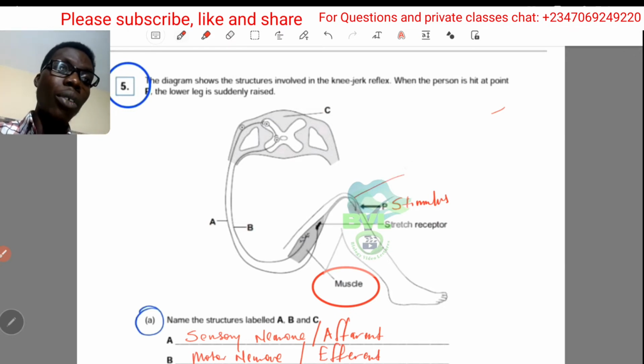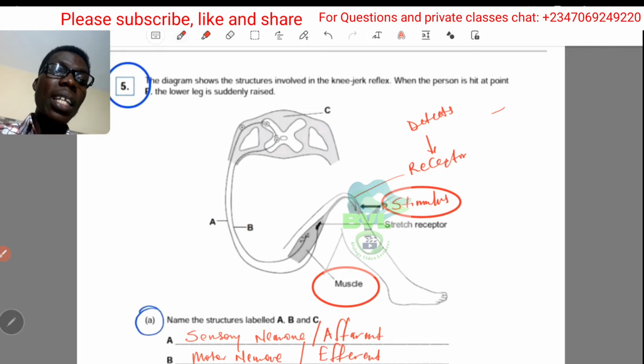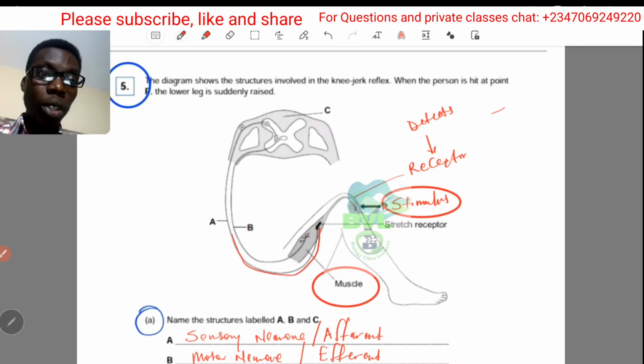Around here you have the receptor. The receptor detects, that's the keyword, detects the what? The stimulus. All right. Then that stimulus, having been detected, is converted to an electrical impulse, which is transmitted through the sensory neuron, which you know already.